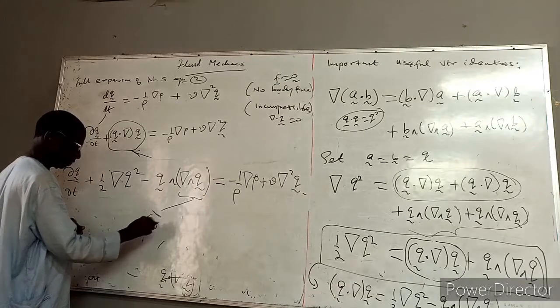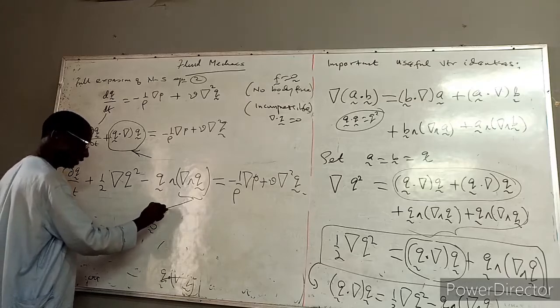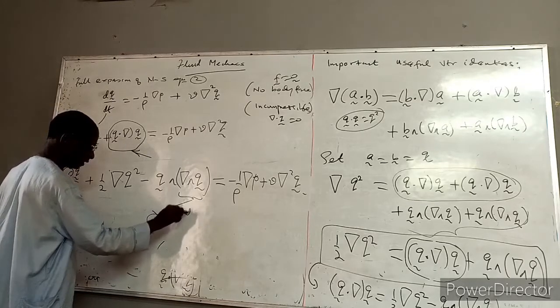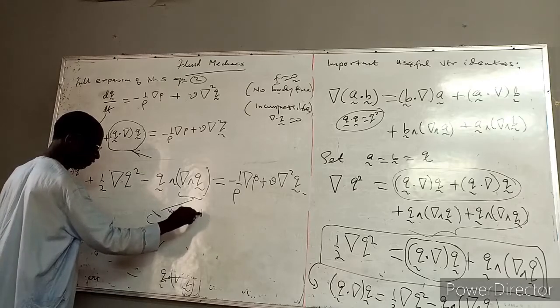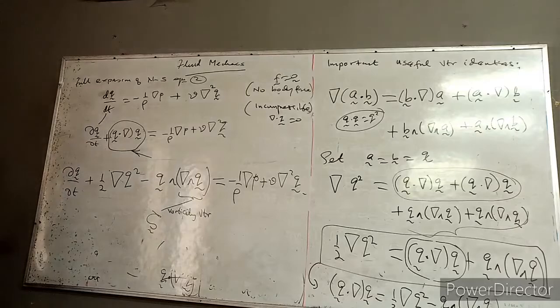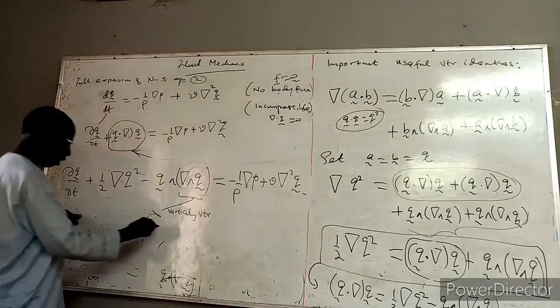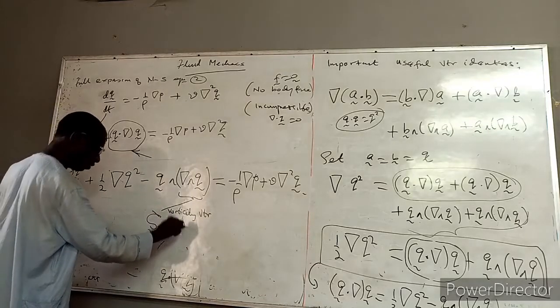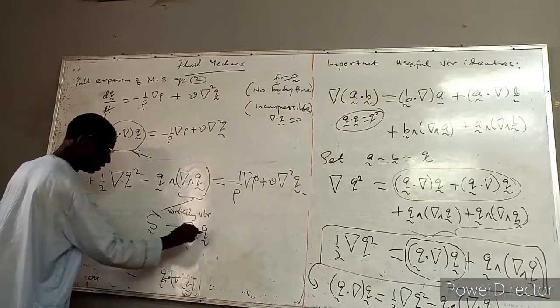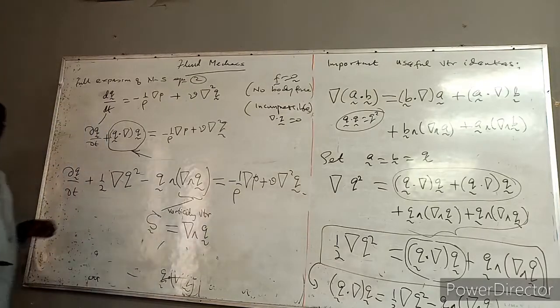That is the vorticity vector. Because the vorticity vector, as defined, we worked several examples on it, is called zeta. That is the vorticity vector.